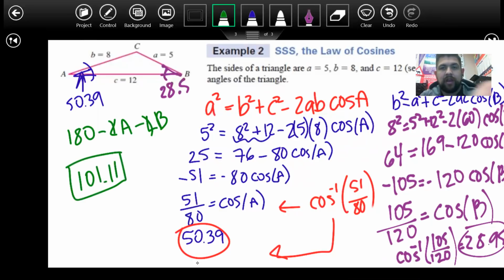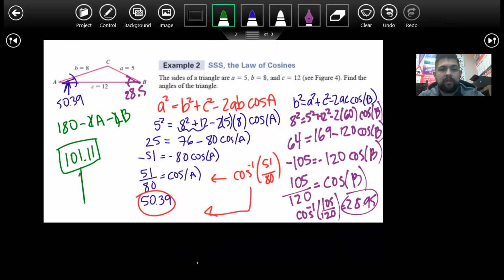So we have all three angles: 101 for angle C, 50.39 for angle A, and 28.95 for angle B. So this is using the law of cosines for the first case, to solve for angles.